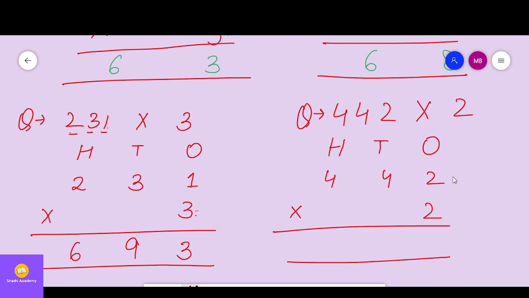So we will multiply this 2 with each and every number in the first row. So 2 twos are 4, 2 fours are 8, 2 fours are 8. So our answer comes to be 884. I hope this is very much clear to you. If not, you can see this video again, so it will be clear to you.